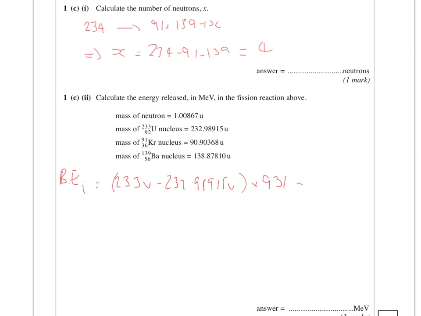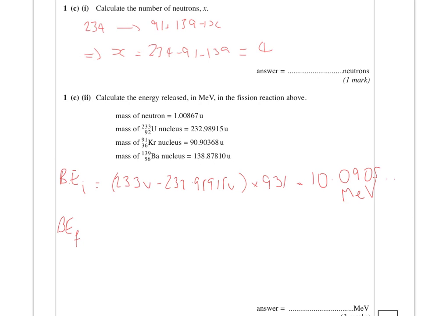So 233 minus 232.98915 gives you the mass defect, so times 931 gives you a total binding energy of 10.0905 MeV.